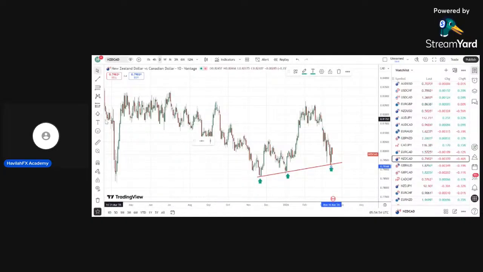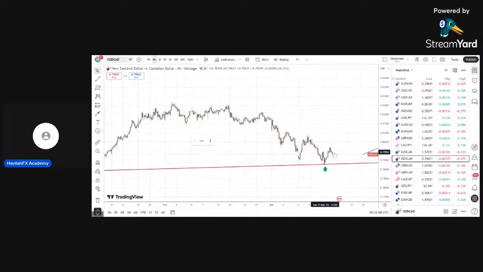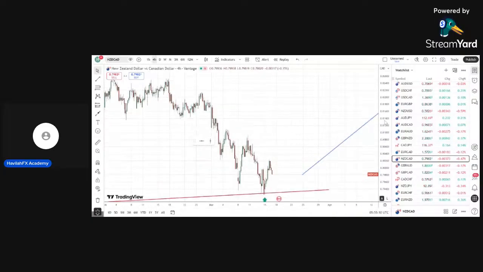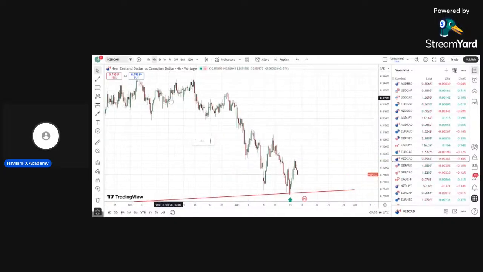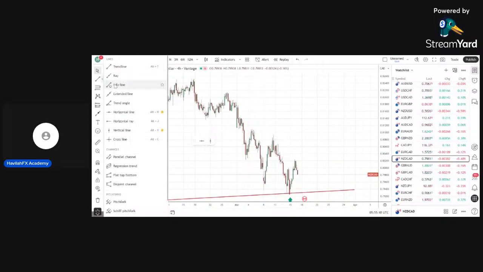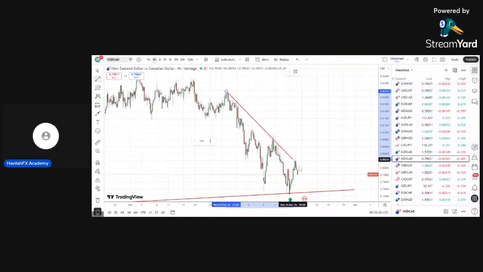Technically, we are expecting the continuation of price in that direction for this week. All right, so we're bullish on the daily time frame. So we now go over to a lower time frame like the 4-hour. Now on the 4-hour time frame, I can draw a trend line right here.